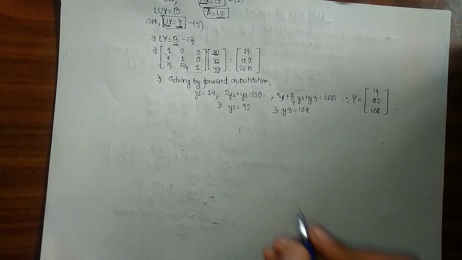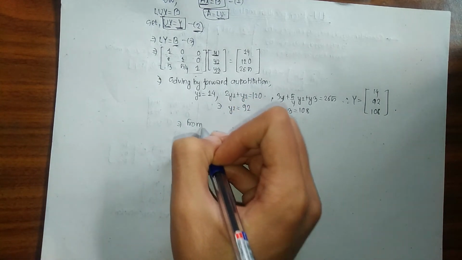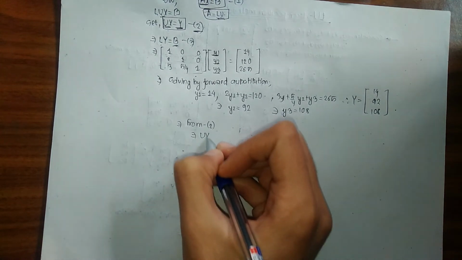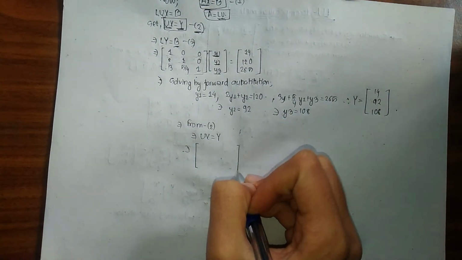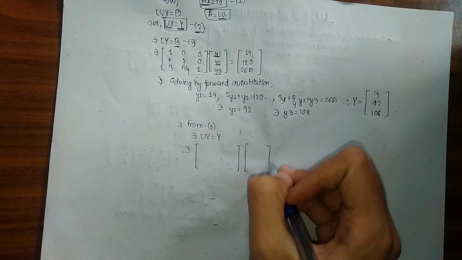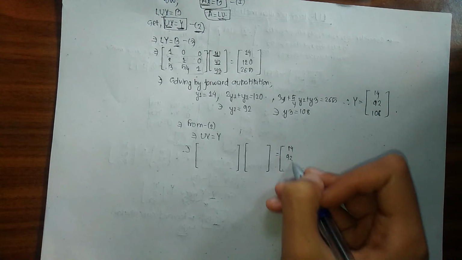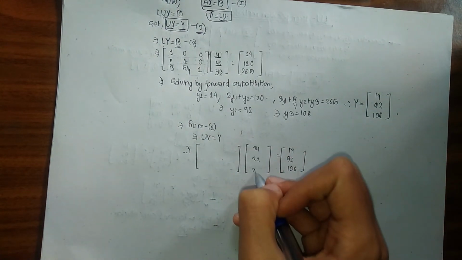Now what I'm going to do next is use equation 2. From equation 2, I have Ux equals y. So my U, the upper triangular matrix, times x equals y. I have my y value as 14, 92, 108. Now my x is going to be x1 x2 x3.